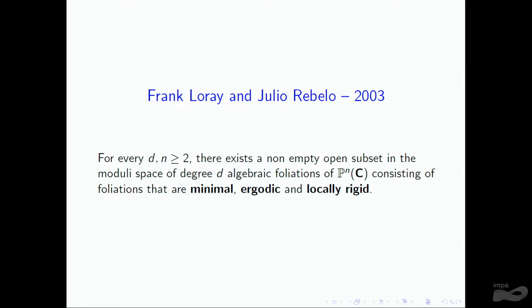So really the difficulty in going from the Ilyashenko and Udai-Zverenov theorem to the Loray and Rebelo theorem is that Ilyashenko and Udai-Zverenov considered a foliation on the plane. And what they do is that they compactify the plane by adding a line at infinity.